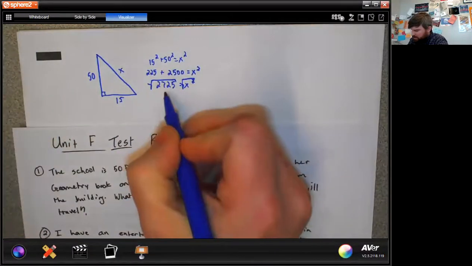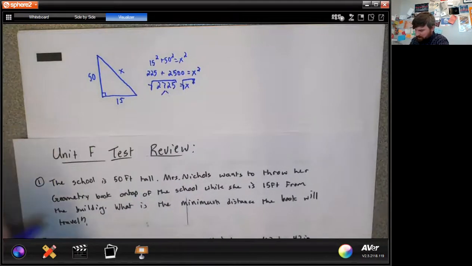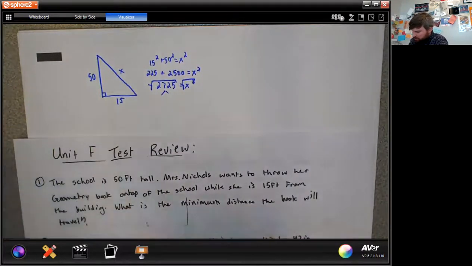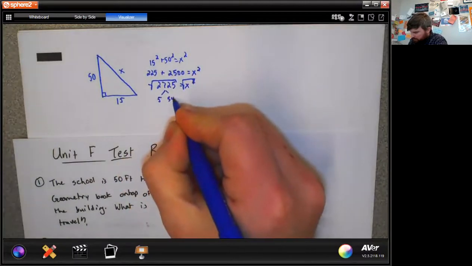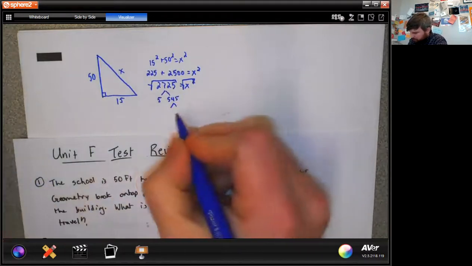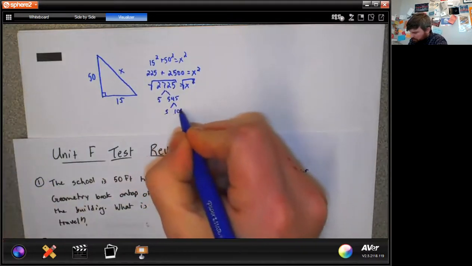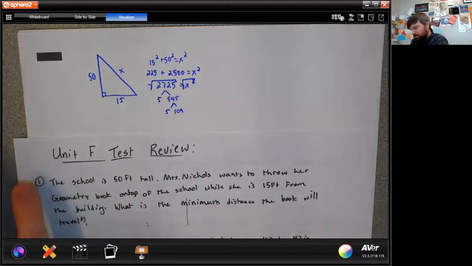Okay, and you actually get a decimal, so we need to see if we can break it down. I'm going to divide by 5, and you get 545. We can divide by 5 again, 109. Let's try some numbers with 109.